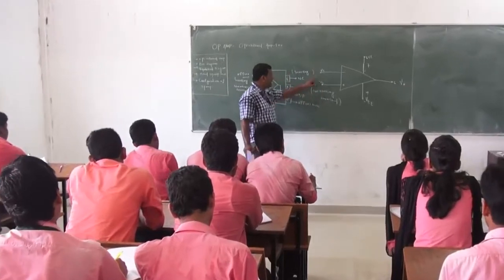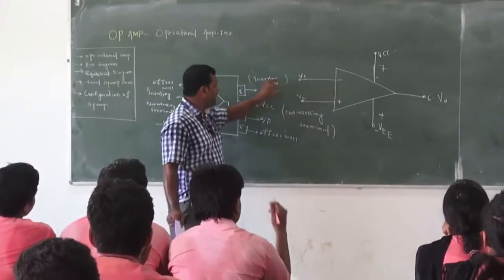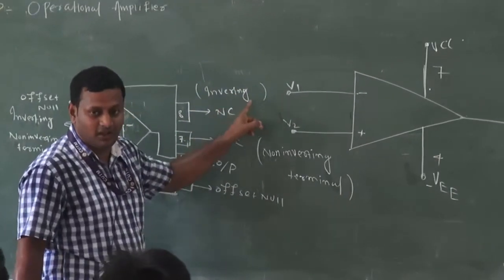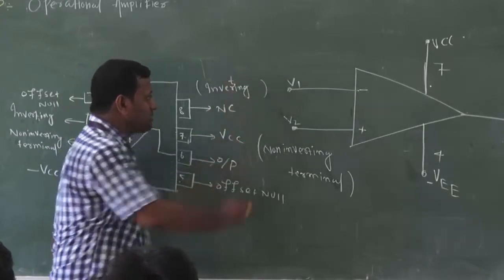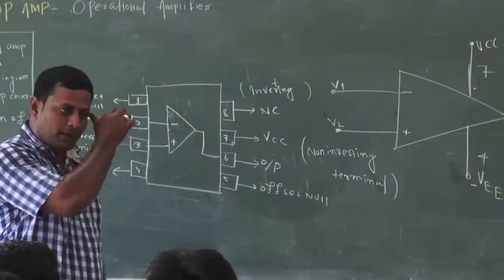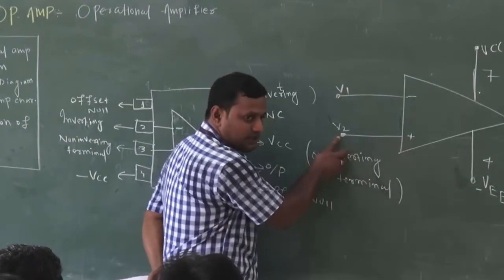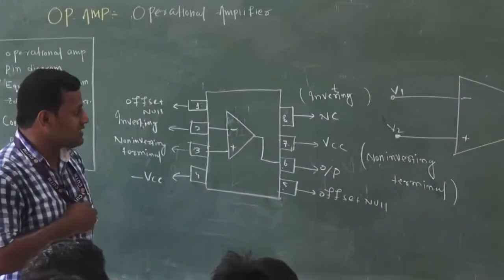Whenever the minus sign terminal is connected, if I apply some voltage there, that voltage will be treated as an inverting voltage. Inverting amplifier. And if I apply my voltage signal to the plus terminal, that is called a non-inverting amplifier.